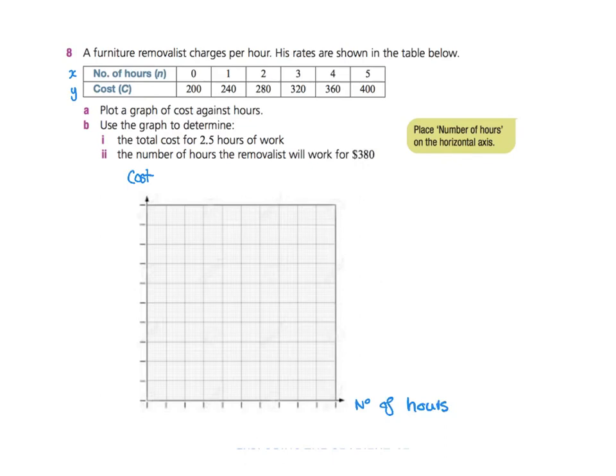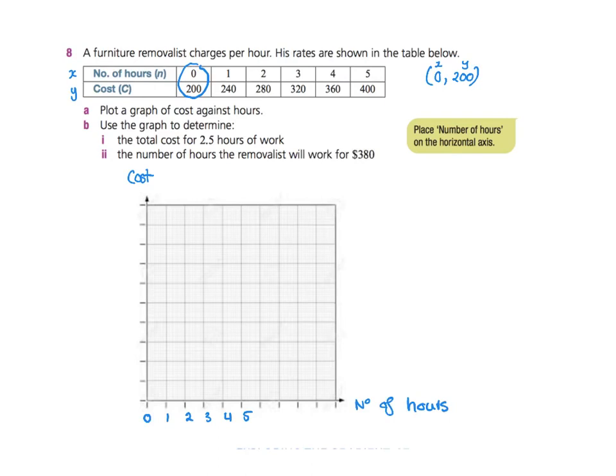Okay. So remember, if you see that, that's like a coordinate. That's like saying 0 to 200, that's saying the x is 0, y is 200. So we might have along here 0, 1, 2, 3, 4, 5, the hours. And then we've got the costs going up.